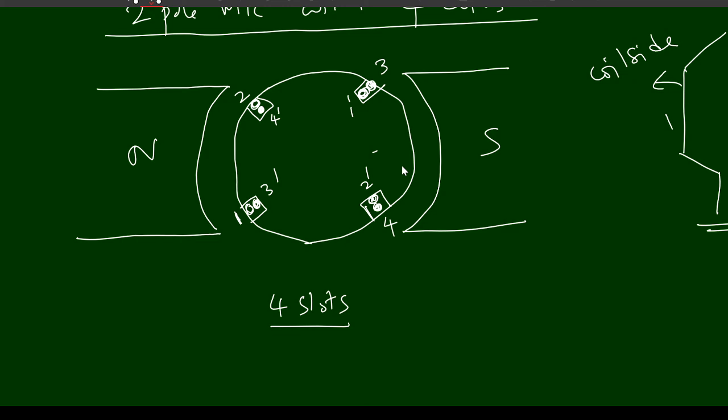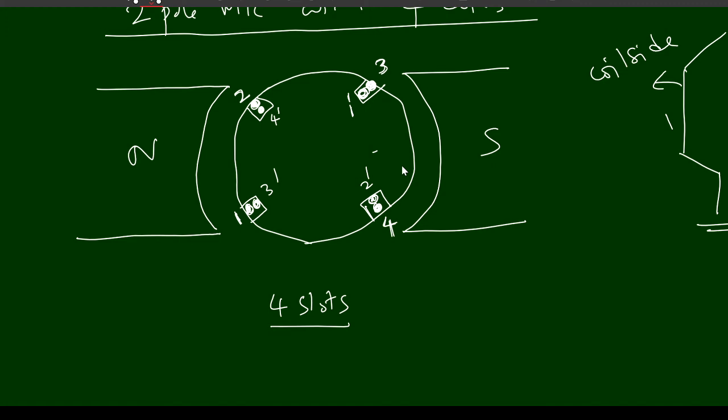So coil sides 1, 2, 3, 4 are on top of slots 1, 2, 3, 4, and the other sides 1 dash is in slot 3, 2 dash in slot 4, 3 dash in slot 1, and 4 dash in slot 2.